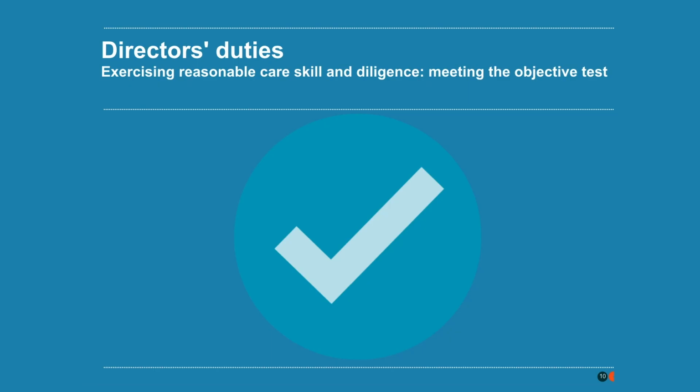The courts have said that directors have, both collectively and individually, a continuing duty to acquire and maintain a sufficient knowledge and understanding of the company's business to enable them to properly discharge their duties as directors.